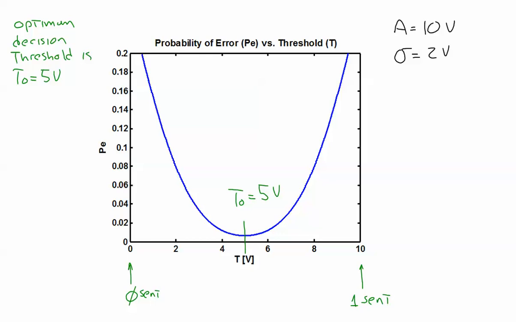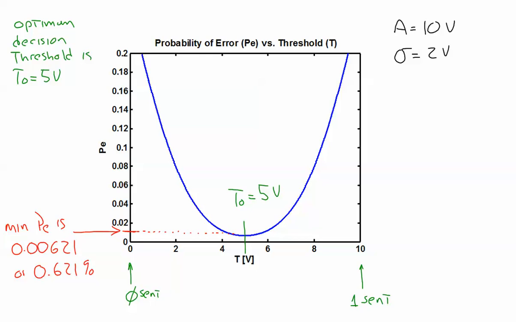So if you stretch this over, in MATLAB I used the minimization function. The minimum probability of error is 0.00621 or 0.621% in this particular case. All right?